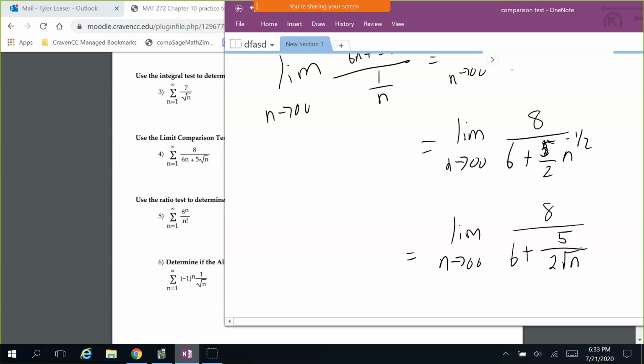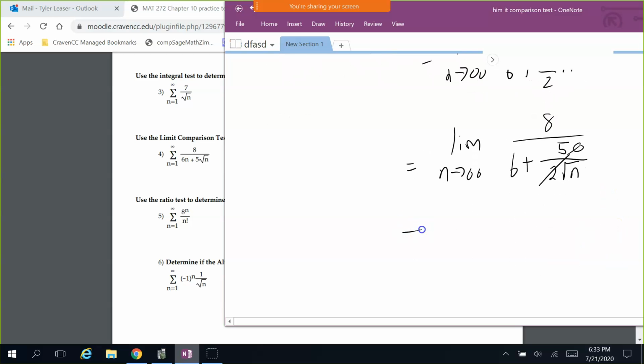So just moving that n to the negative 1/2 into the denominator below the 5 and rewriting that as the square root of n. Now if I take the limit as n goes to infinity, this denominator blows up to infinity, which makes this fraction go to 0, which means that I just get the constant 8/6.